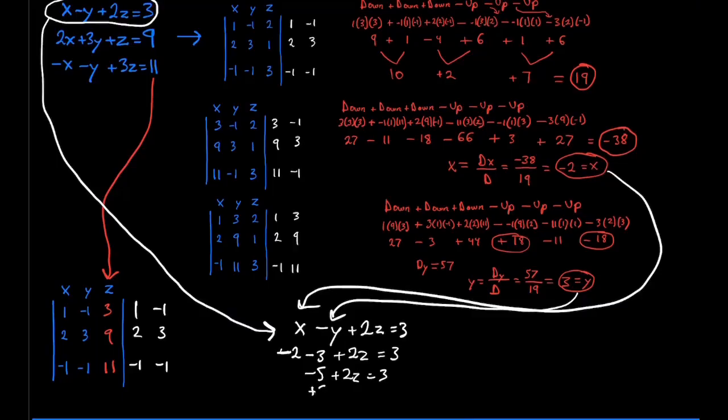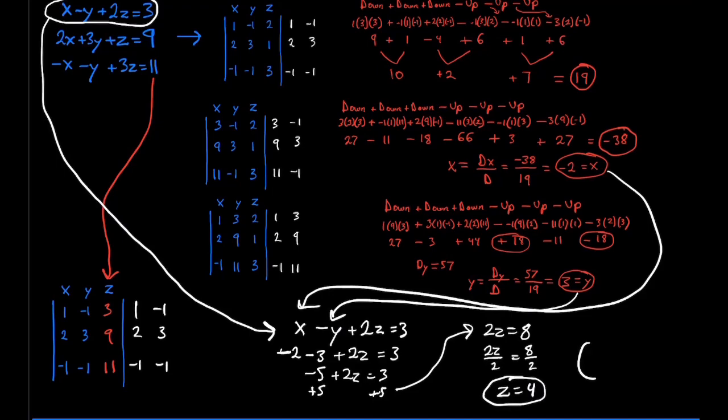When you add this to both sides, this is now going to be 2z equals 8. And you divide both sides by the 2. And you get z equals 4. So it's a lot faster. Once you know 2 of them, you can get the third one very quickly.